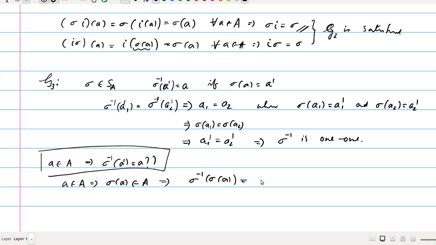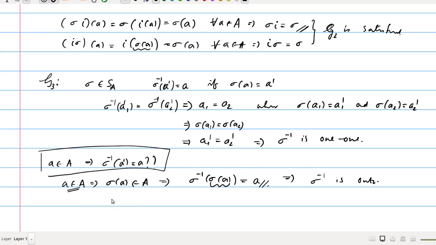Sigma inverse of sigma of A is equal to A itself, because sigma inverse of A prime is equal to A. So for any A belonging to A, there exists sigma A belonging to A such that sigma inverse of sigma A equals A, which shows that sigma inverse is onto.